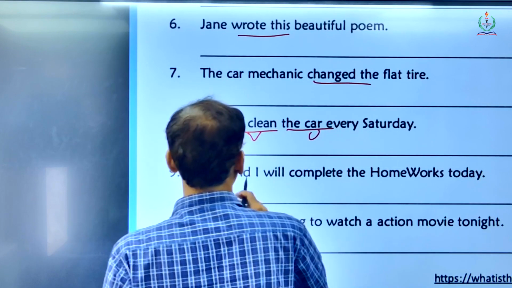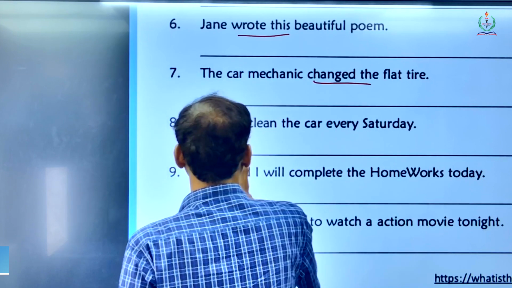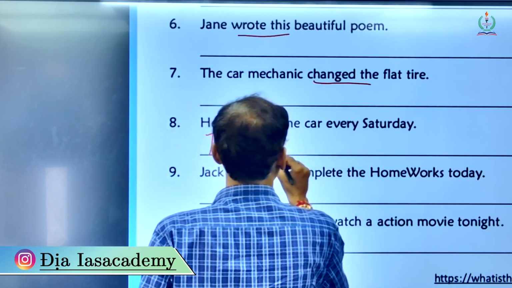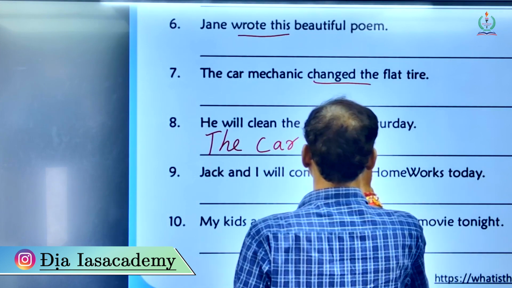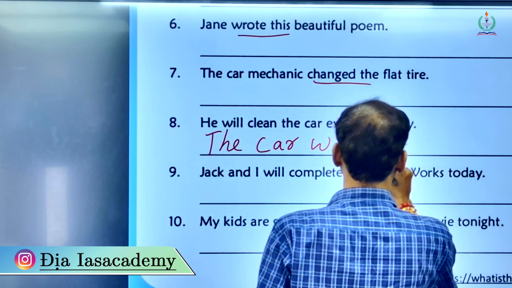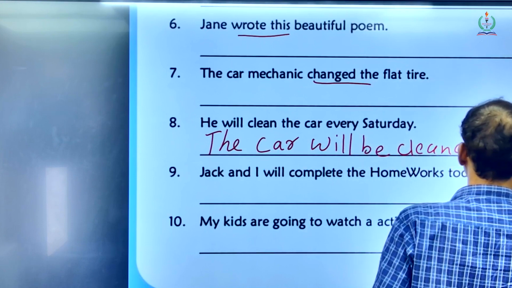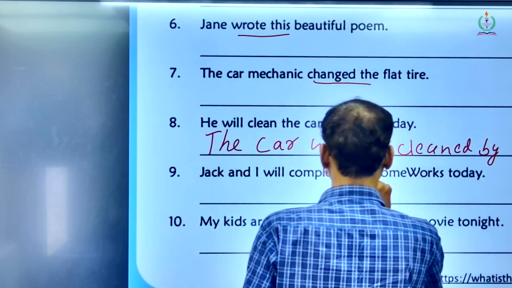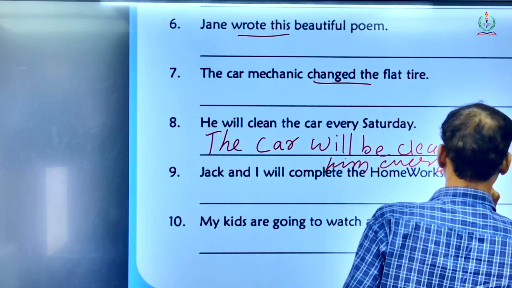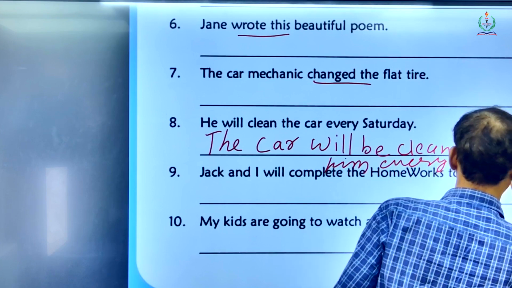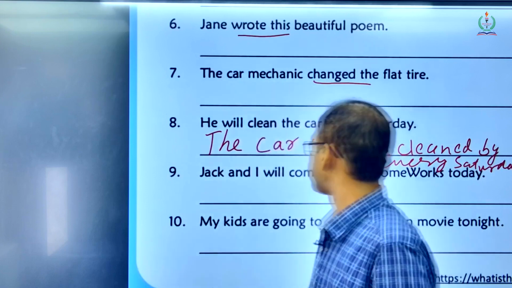So, in this sentence the answer will go like this: the car will be cleaned by him every Saturday. The car will be cleaned by him every Saturday.